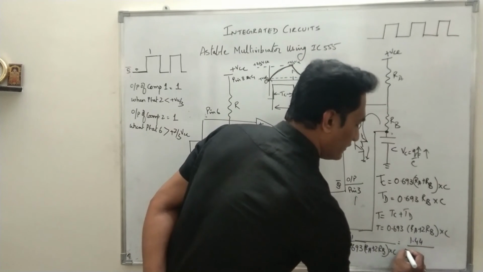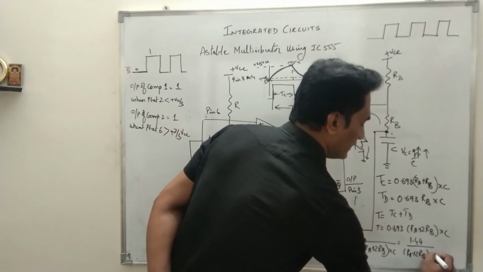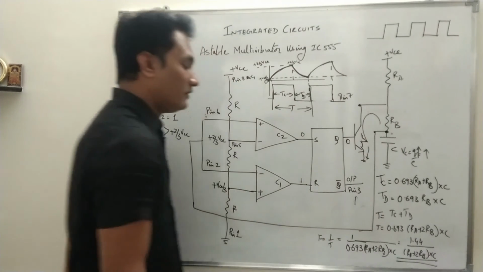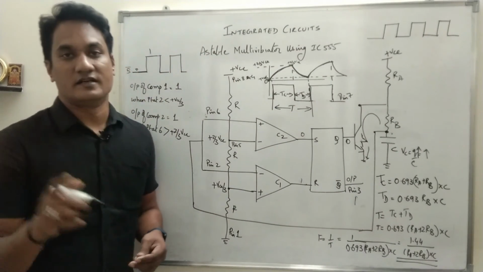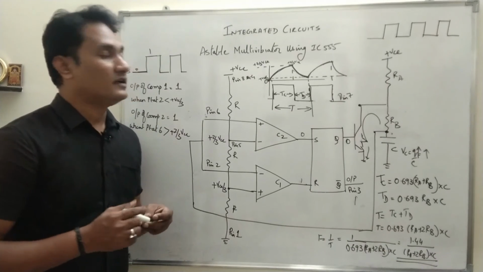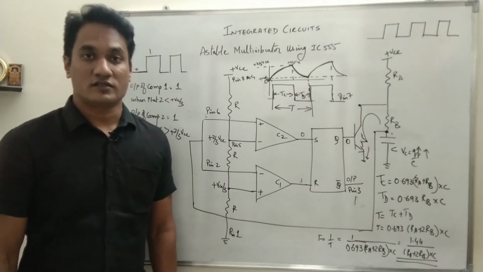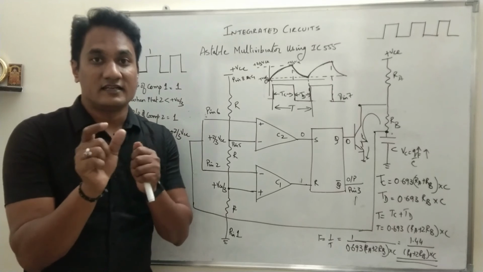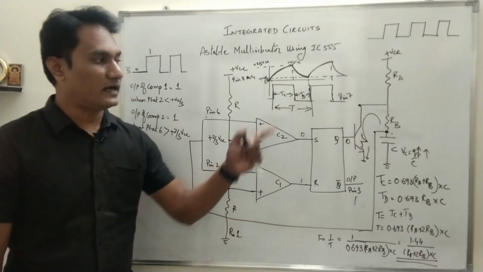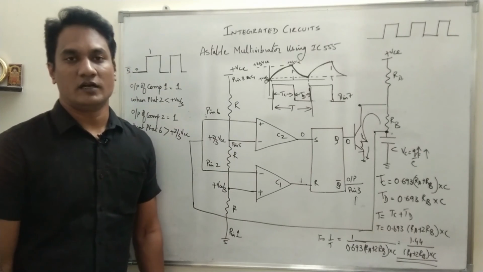So it will be 1.44 upon (RA plus 2 RB) into C. This is the formula for the frequency generated at the output of an astable multivibrator using IC 555 timer. As I have told you, this circuit can be used as a clock pulse, so you can increase or decrease the clock frequency by changing the value of RA, RB and C. So this is the working of an astable multivibrator.